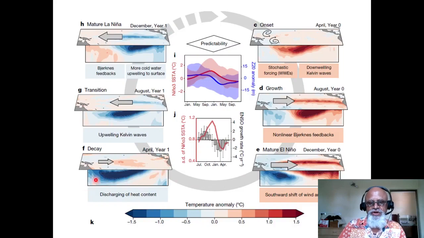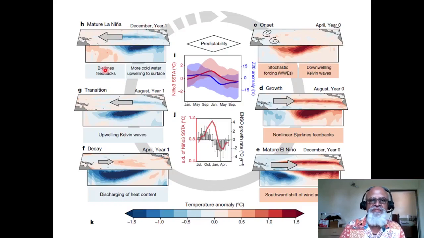And the cold anomalies are beginning to kick in, so trade winds are strengthening, and now you are setting off upwelling Kelvin wave with the easterly wind events, and cold tongue is beginning to emerge by the summer of year 1. It's a transition from El Nino to La Nina. So the La Nina typically tends to be fully manifest and in its mature phase by December of year 1.